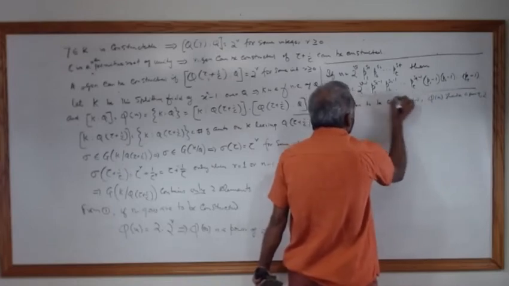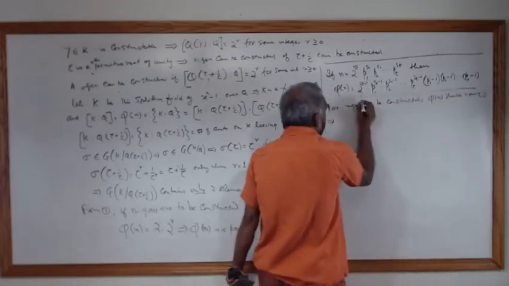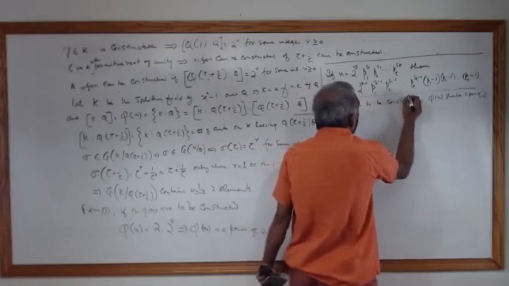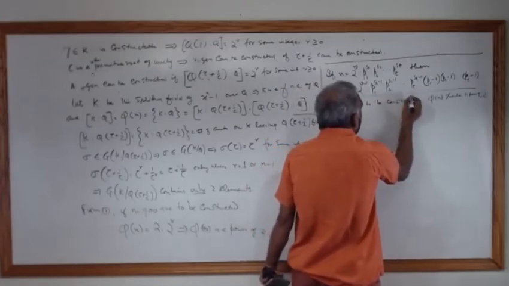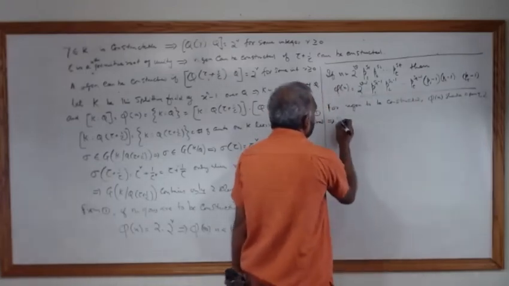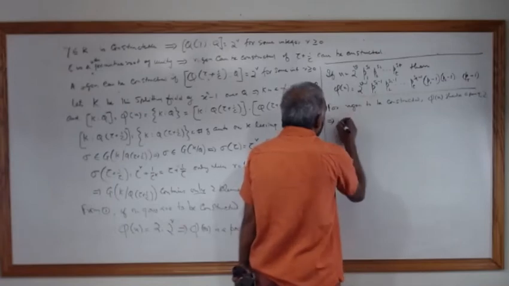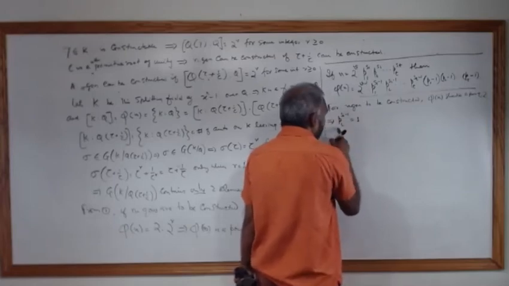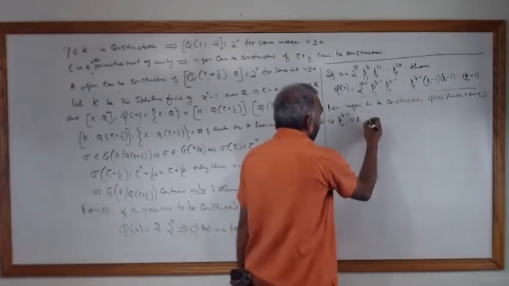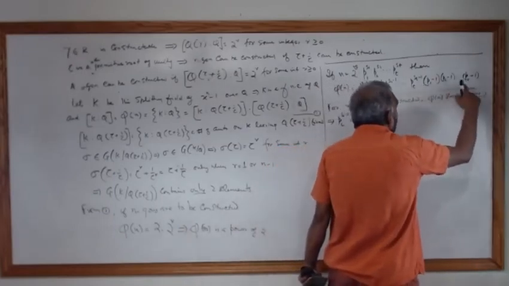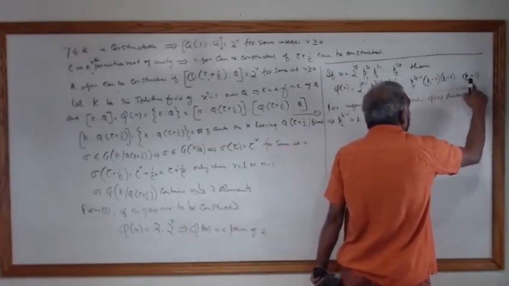So if the product has to be a power of 2, these individual powers of these prime numbers have to be 1. That means pi to the power of si minus 1 has to be 1 for all i, and these pi minus 1 all have to be powers of 2.